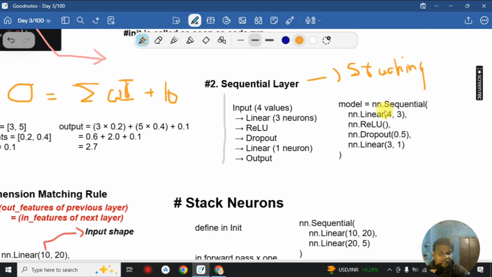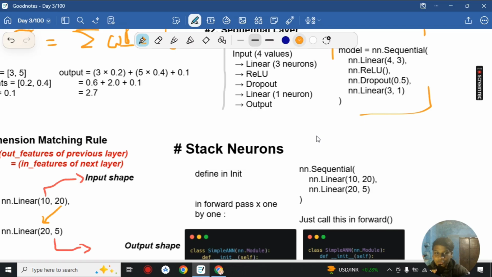Like here we pass nn.Sequential, first nn.Linear 4 by 3, then our next linear layer, then our next linear layer, and then our final layer. So it basically helps in stacking. Here we will see this in our practice session.